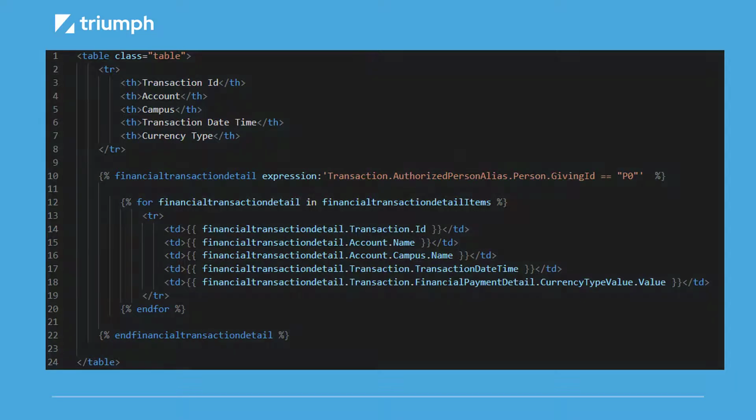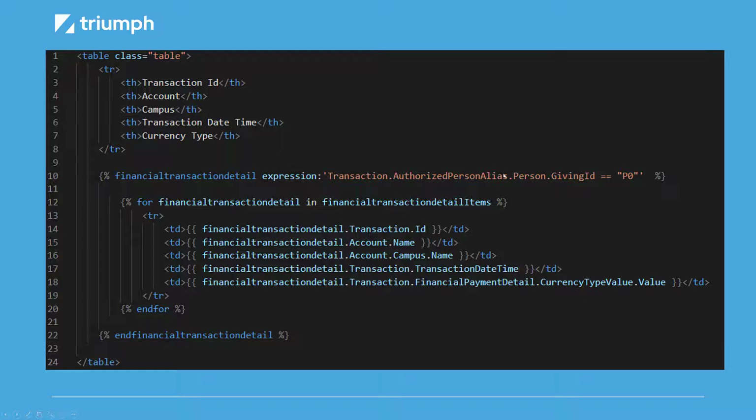And that looks something like this. Think of it as kind of like the where clause, except its name is expression. But now look at this. I get to say transaction. I'm still going after financial transaction details, but I get to call it transaction.AuthorizedPersonAliasId.Person.GivingId is equal to P0.